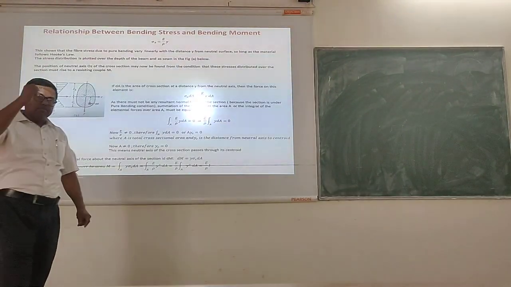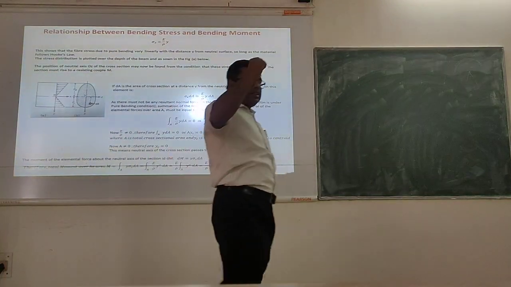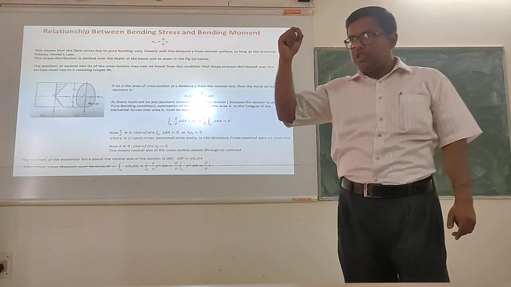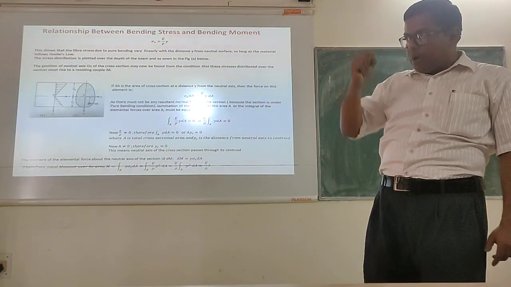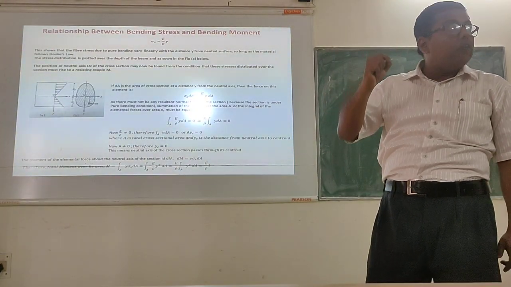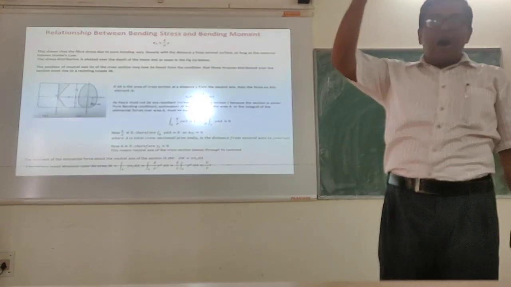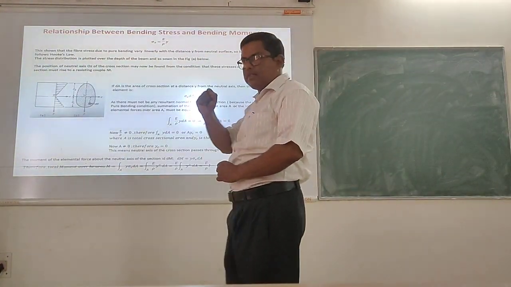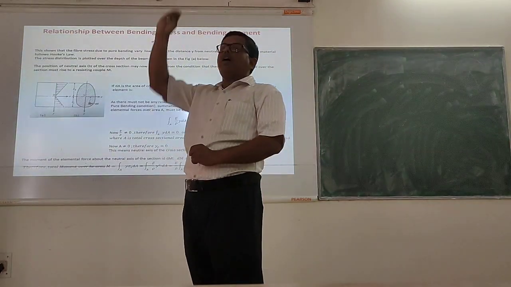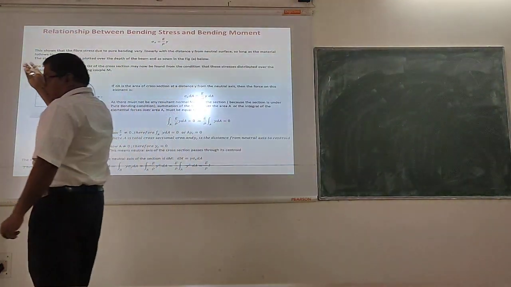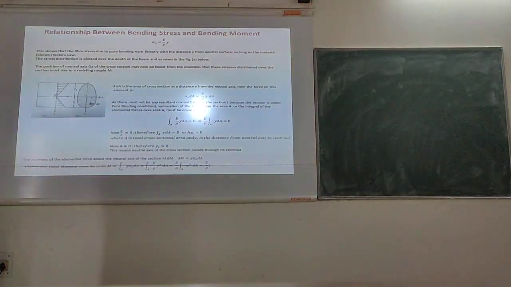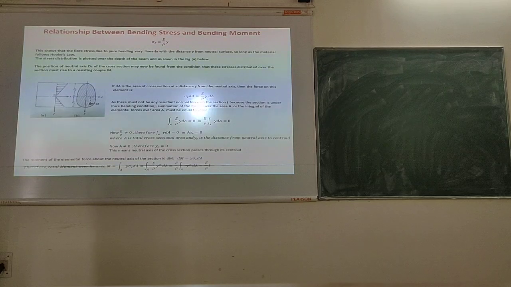So, y is what? y is basically the distance from the neutral axis position to a particular point, either on the bottom side or on the top side. So y will be measured from the neutral axis, downward or upward, depending on the nature of stress. The values will come out positive or negative. If you take tensile bending stress as positive, then compressive bending stress will be negative, or vice versa.